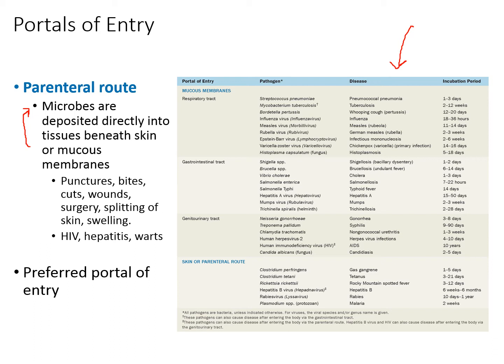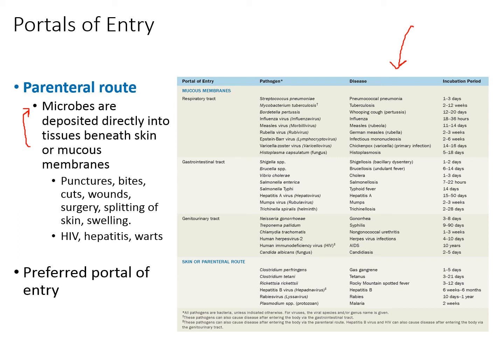Streptococcus pneumoniae is a bacterium that's inhaled. Its preferred portal of entry is through the respiratory tract. And when the bacterium comes in that way, it can cause pneumonia. If, however, this bacterium is swallowed, it causes little, if any, illness at all.